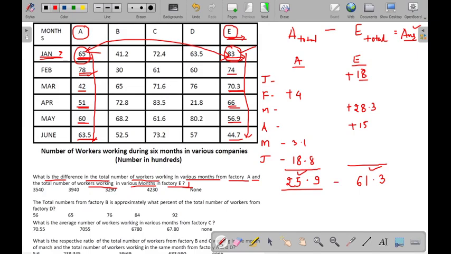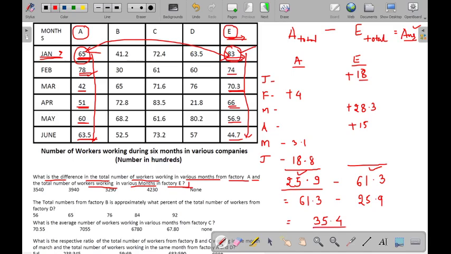And now we will take the difference of 61.3 minus 25.9, which is 35.4.